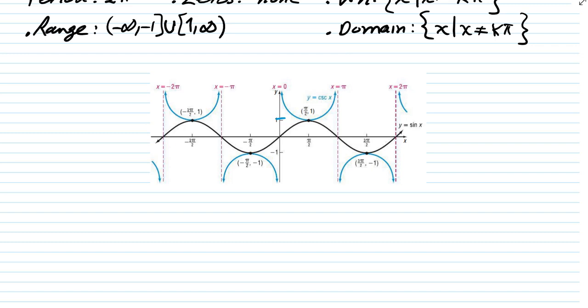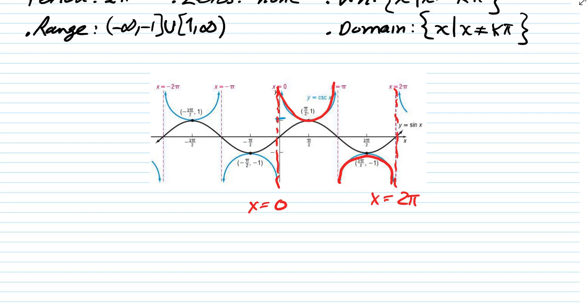Okay, and there you go. So again, very important to recognize where one cycle occurs. For the basic cosecant function, the vertical asymptotes are at 0 and 2 pi. In between, we have one complete graph. There we go. We have one cycle of the cosecant function.